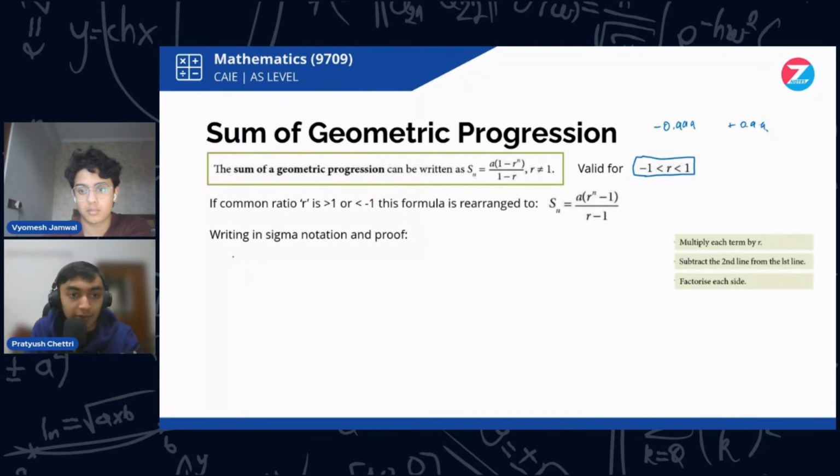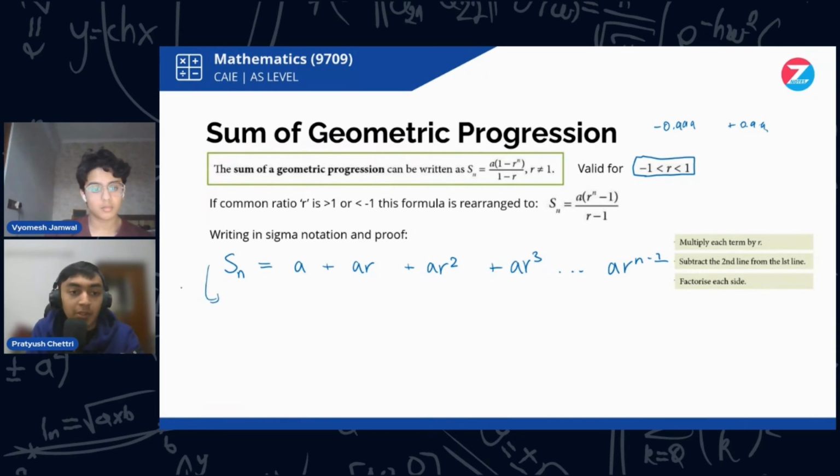So I will use this to write the proof. The sum of the terms is the first term a, plus a times r, plus a times r times r, so ar squared, then ar cubed, and so on until we reach r to the power n minus 1.